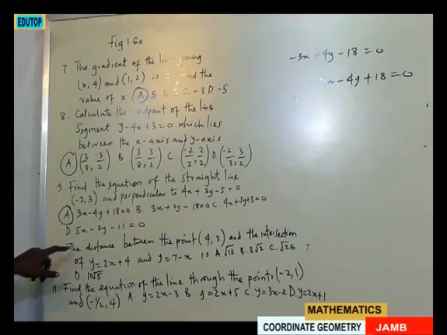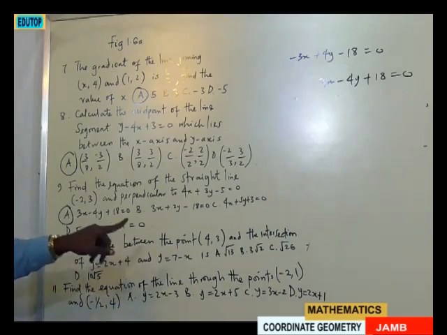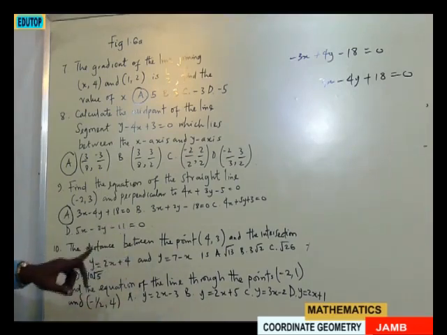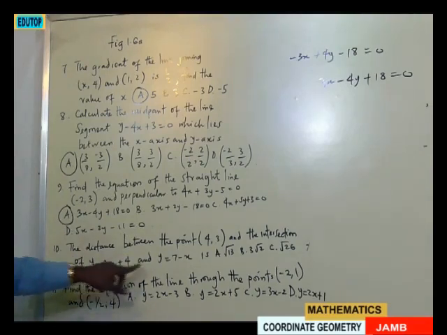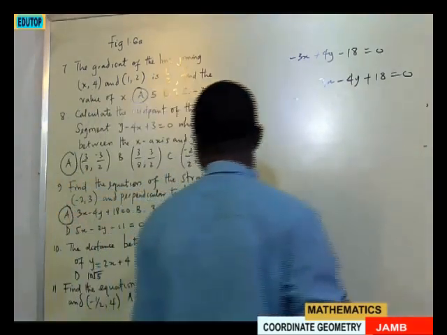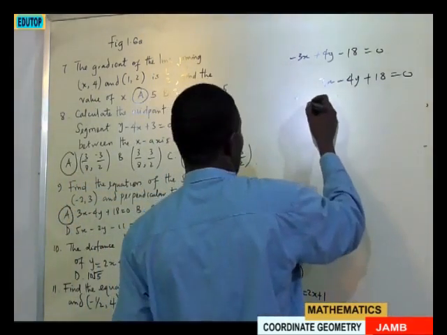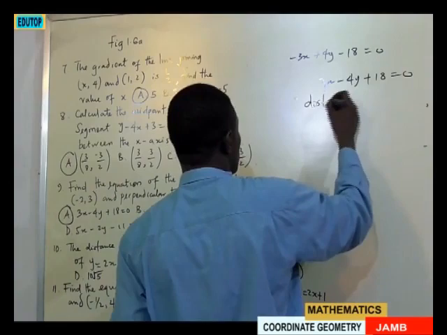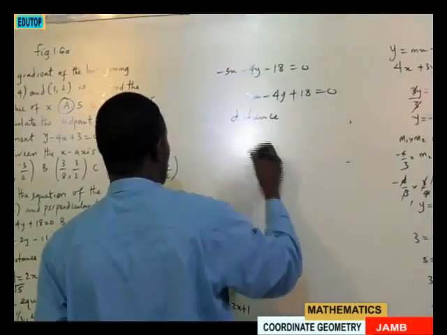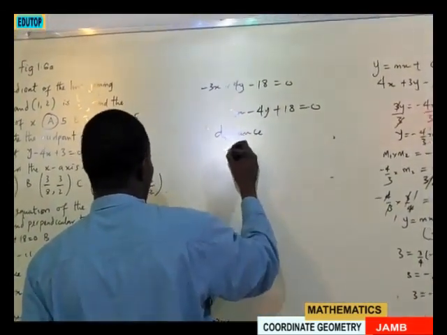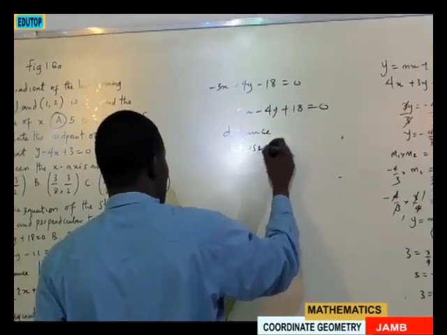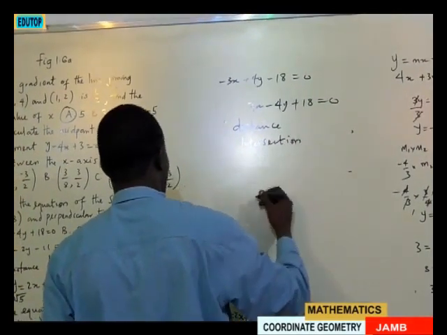Then question 10: the distance between the point 4,3 and the intersection of these two lines is. So you know that this question is testing two things. It's testing distance between 2 points, which we all know. It is also testing intersection. When you have intersection, that means they are equal.